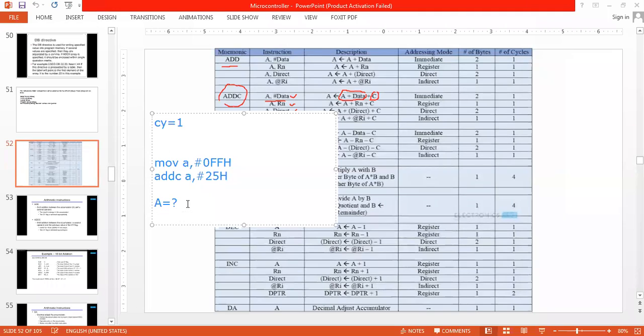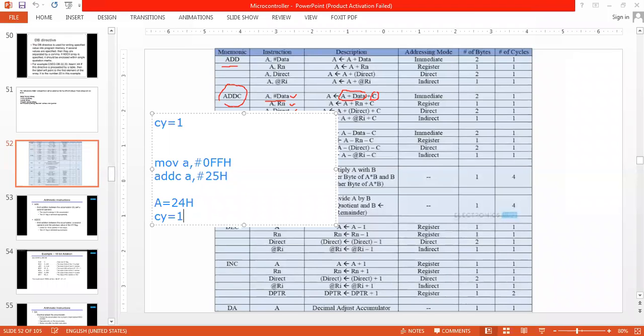And after this, what will CY remain? Both I want. Yes, it is not 125H, it is 24H. And here CY is equal to 1. Carry flag is equal to 1.